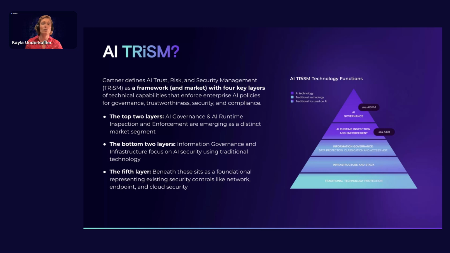So we do like to recommend this for organizations and to walk through how you are actually making sure every step along the way is taken care of. There are other frameworks out there, of course: NIST, the AI Risk Management Framework, we have ISO, we have other standards that are helping organizations, but we really like to emphasize the AI TRiSM features.